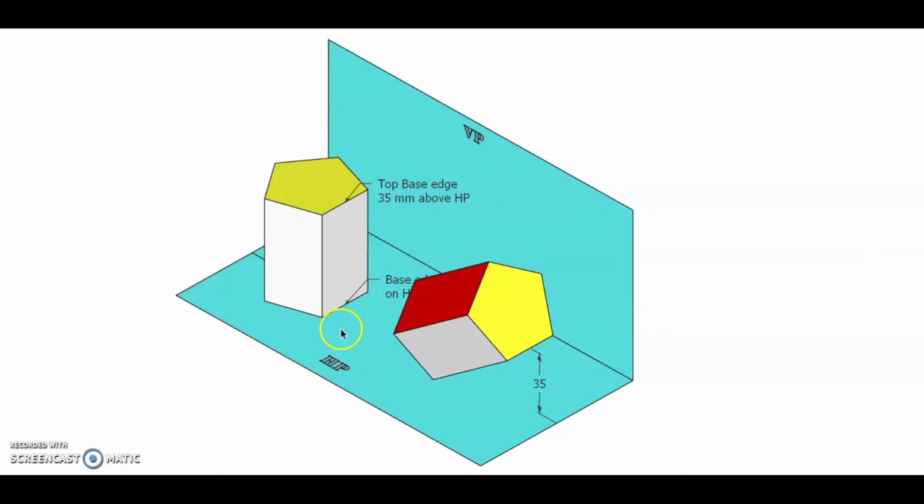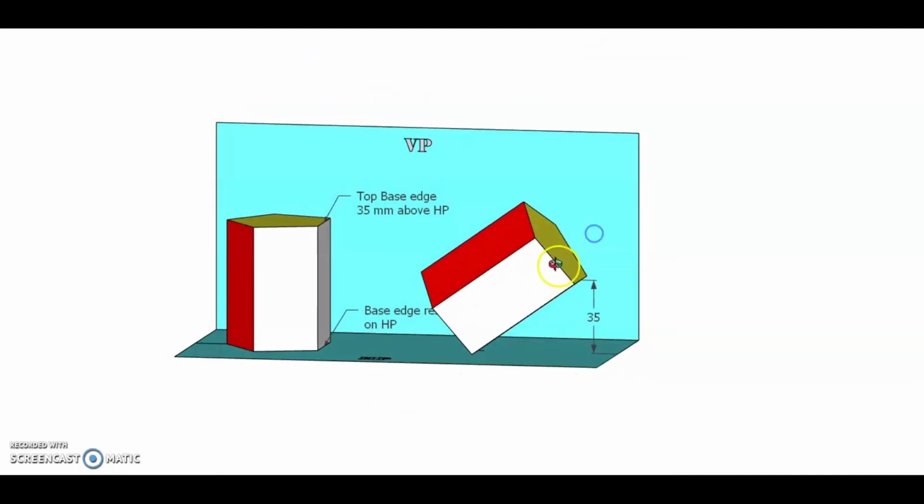Now consider the next case of a pentagonal prism, of which the dimensions and the height are given, which is resting on one of its bases on HP, and in tilted condition this top base is inclined to HP in such a way that this edge should be 35 mm above HP, like this one.